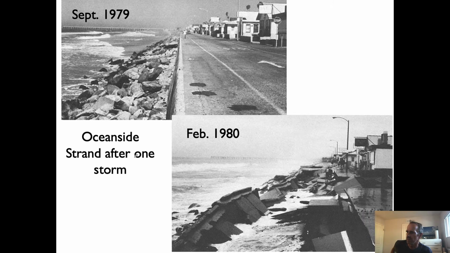A quick example of erosion problems that can result. This is just five or six months of time. These are obviously old pictures from 1979, where they dropped these big rocks of granitic or crystalline, relatively resistant rock along the coast to try to prevent coastal erosion of this street.